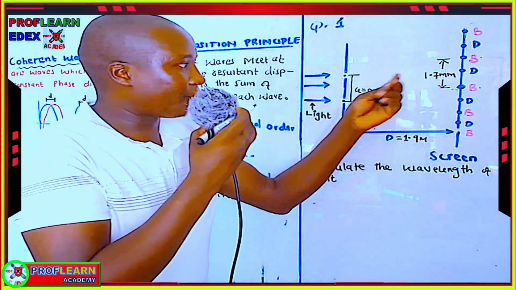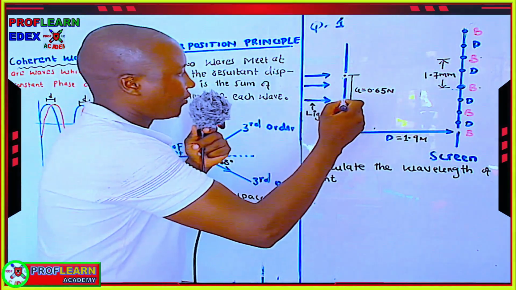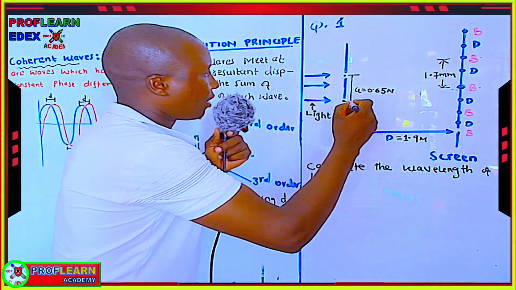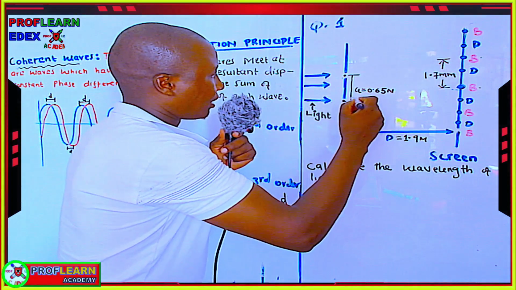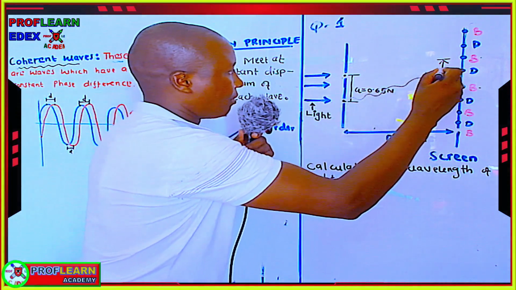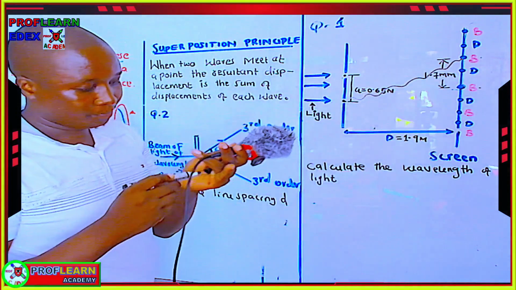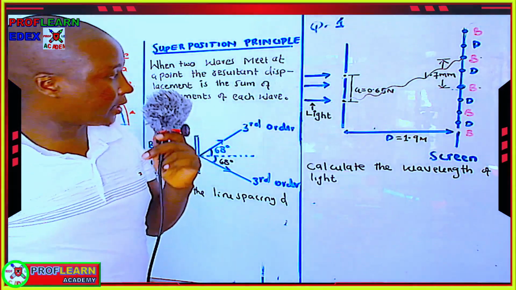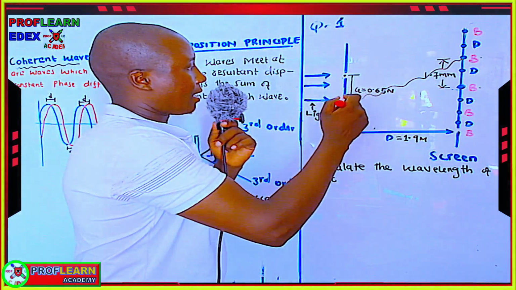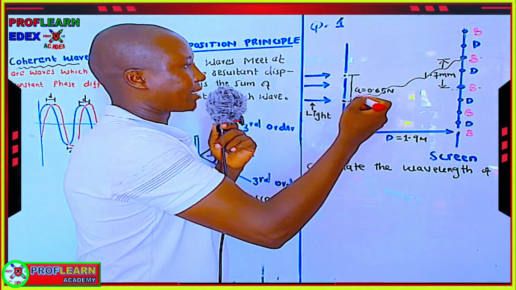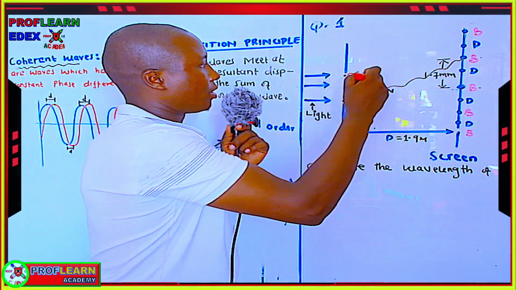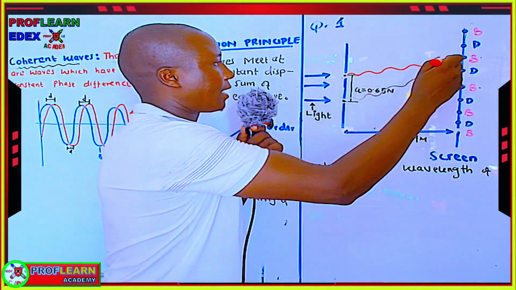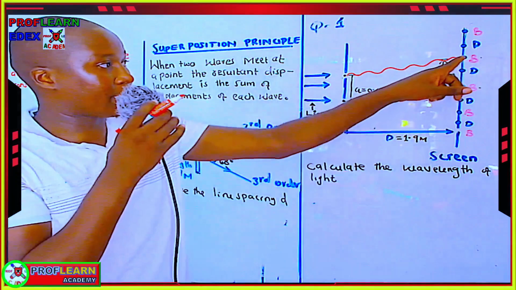They result in what we call a dark fringe. Let me just illustrate: this wave will move up to this point of the screen, because this second slit is going to act as a source, and also this wave will travel from here, and the two waves are going to meet at this point.